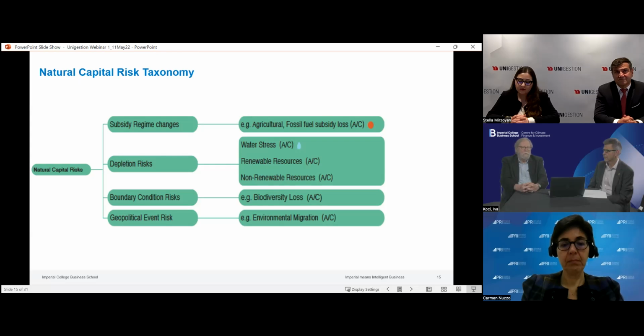There are industries for whom these are critical measures. Again, subsidy regime, and many of these are probably more likely to affect sovereign profiles than individual firms. And it's hard to see any way around that.